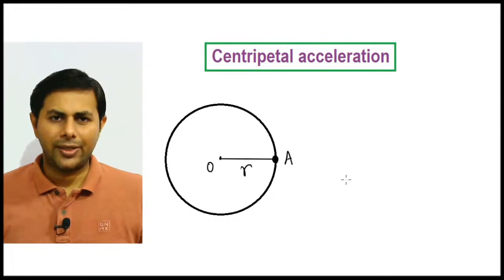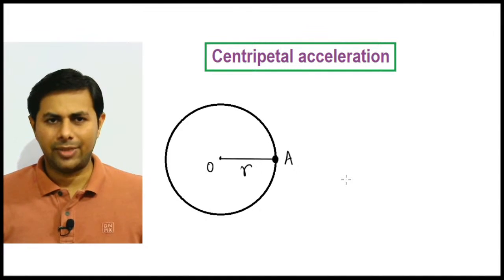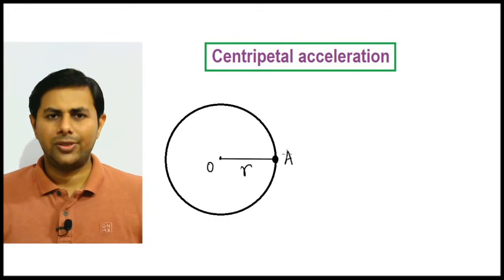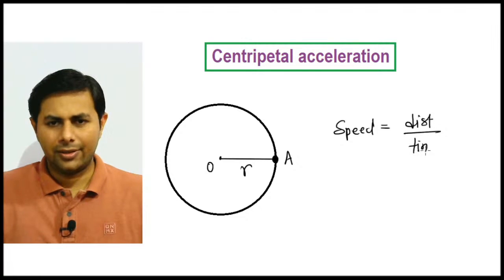Now how can we find out the speed of this object? So we know speed is distance covered divided by time taken. So let's suppose the object is performing uniform circular motion. So speed is given by distance covered divided by time taken.